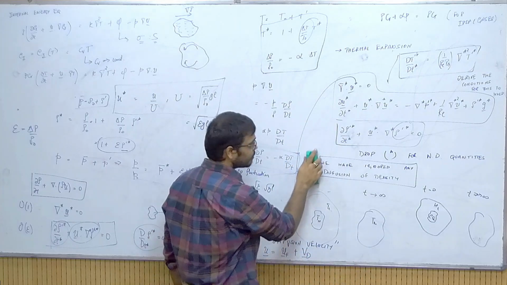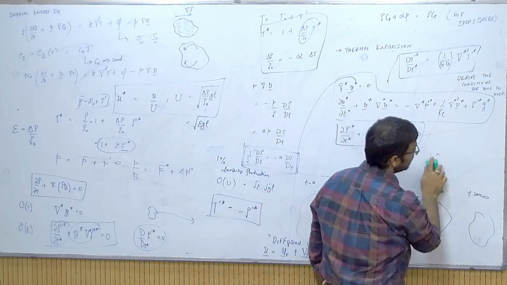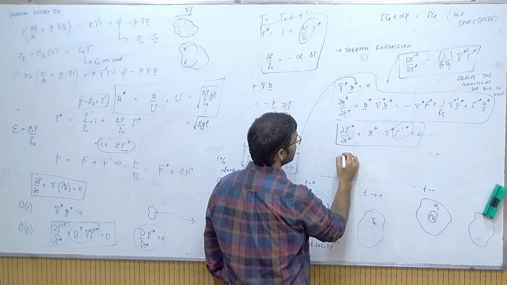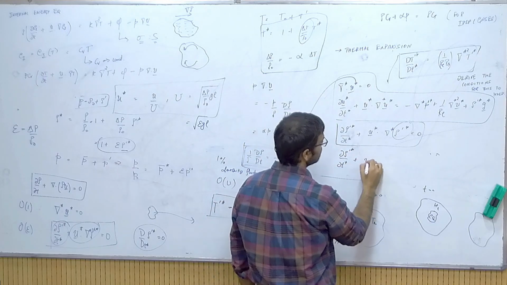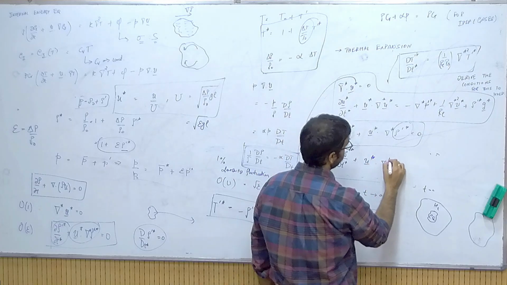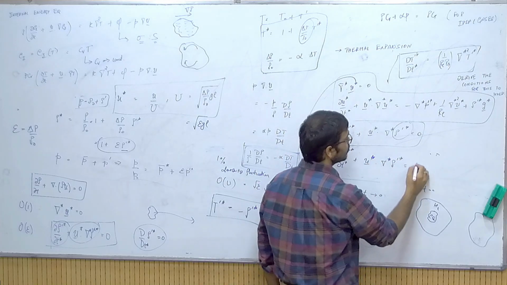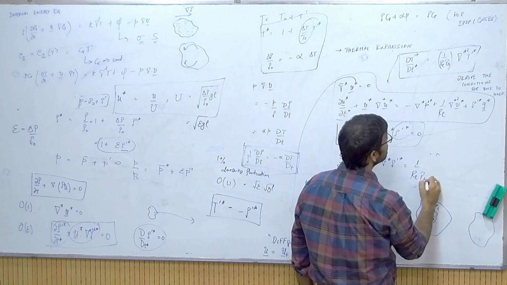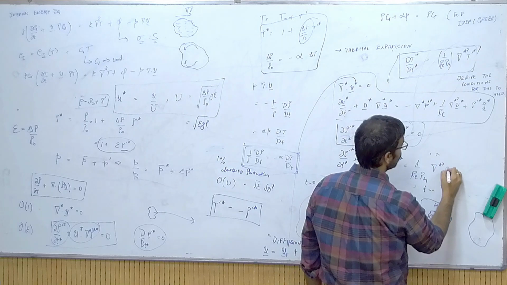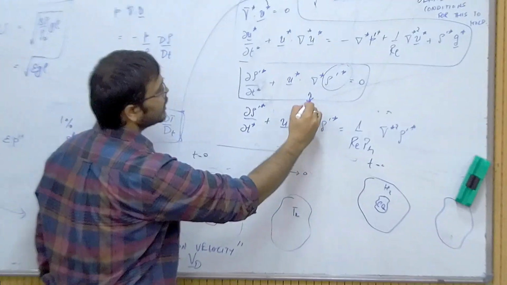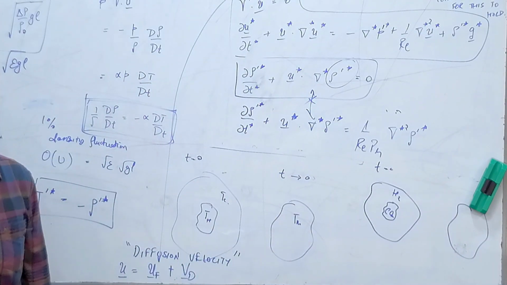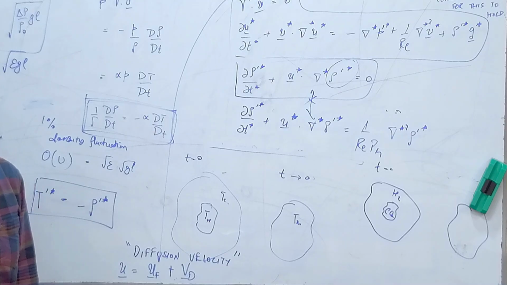The equation that you will get is del rho prime star by del T star plus this term equals 1 by Re times Pr times del star square rho prime star, and these two equations are contradictory. You have two different equations in rho prime star.